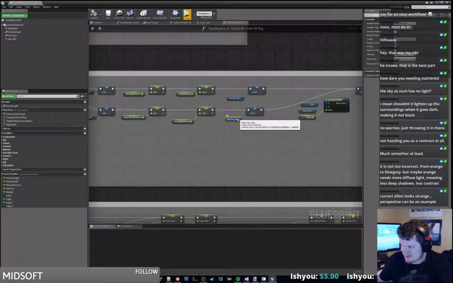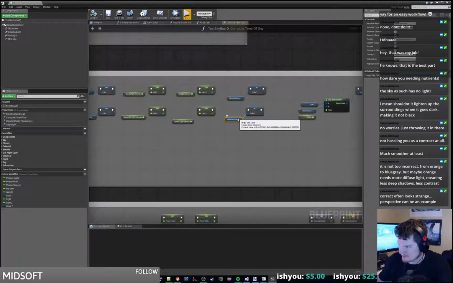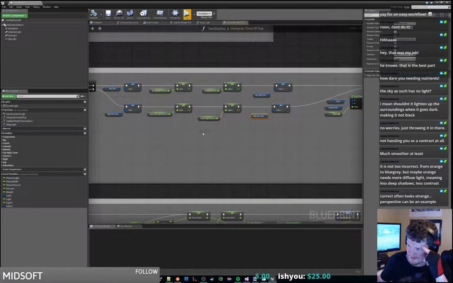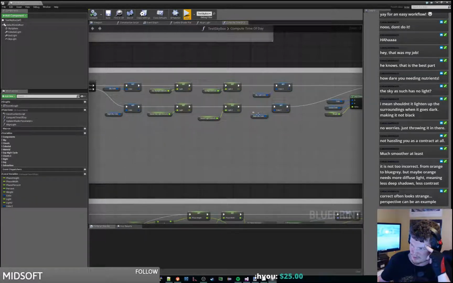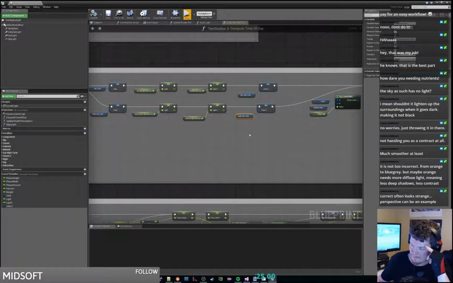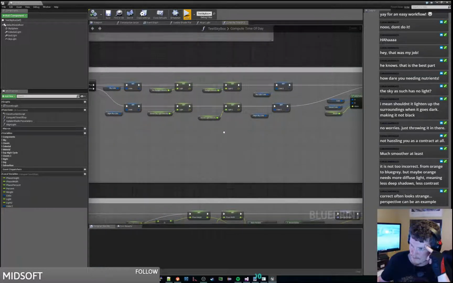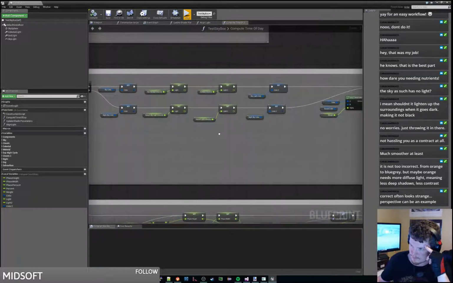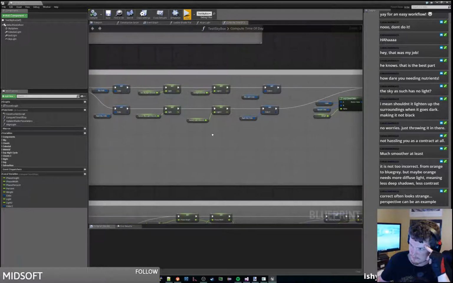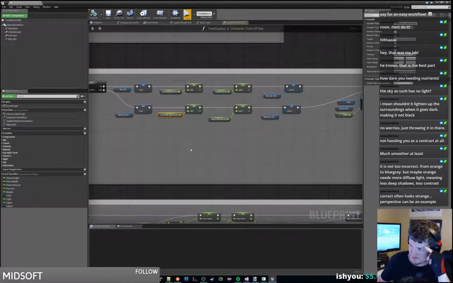So I basically take this color and then I normalize its direction and get its magnitude and then do it that way, and then I set its intensity based on that. So this should interpolate between the night sky color, but the intensity should be ramped up.